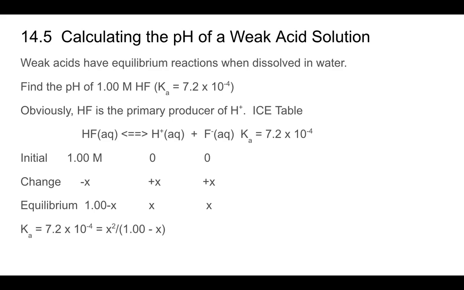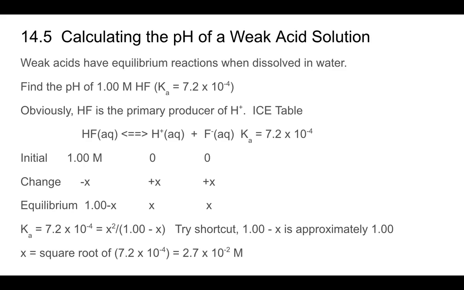Now plugging that into the equilibrium Ka expression, we get Ka equals 7.2 times 10 to the minus 4 equals X squared over 1 minus X. Now this is one where I can take the shortcut. 1 minus X is approximately 1.00 because the Ka is small. So that's going to save me some quadratic equation solving. X is just going to be the square root of 7.2 times 10 to the minus 4, which is 2.7 times 10 to the minus 2.